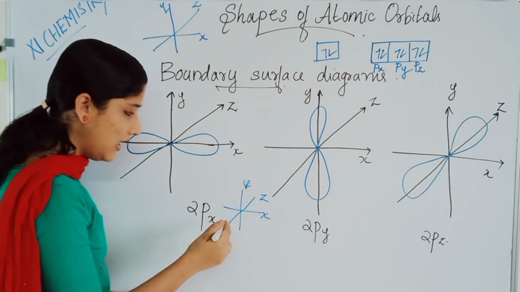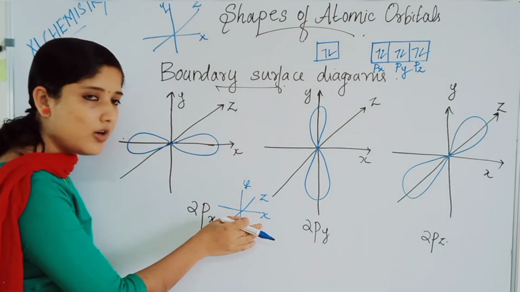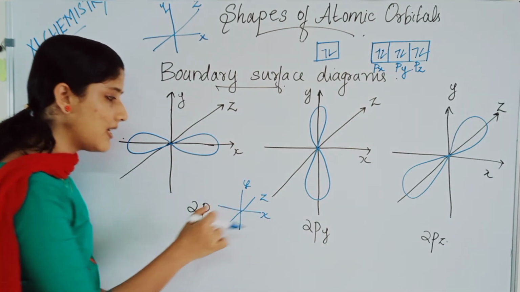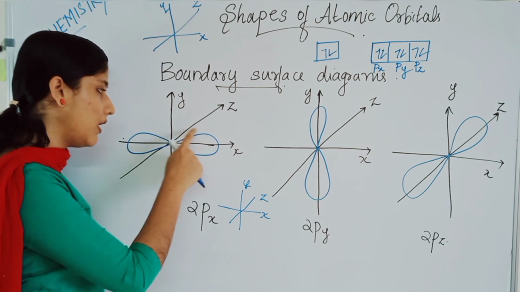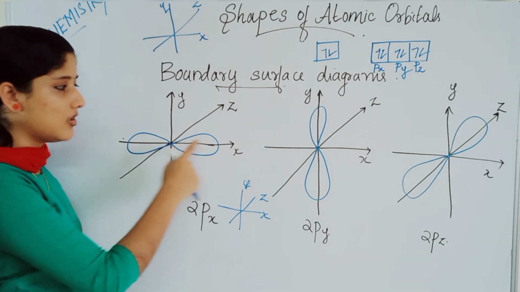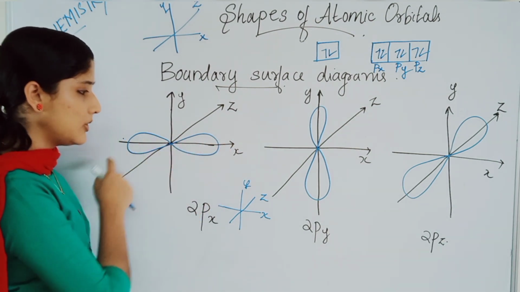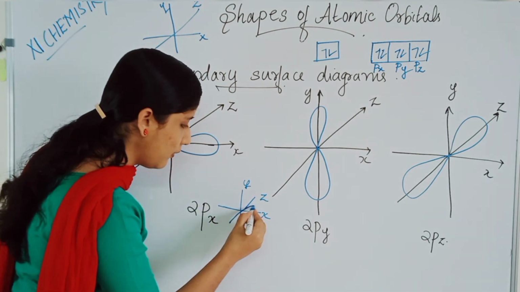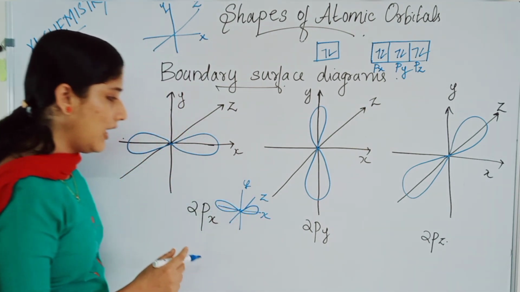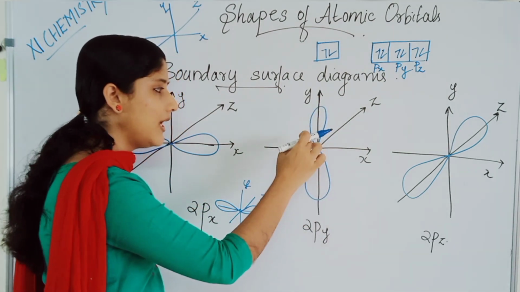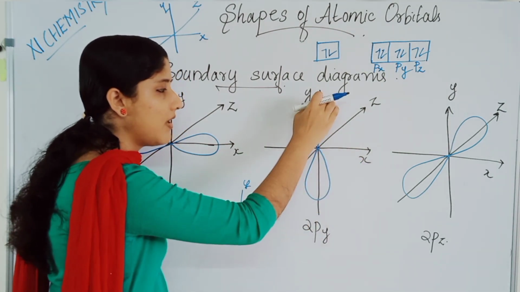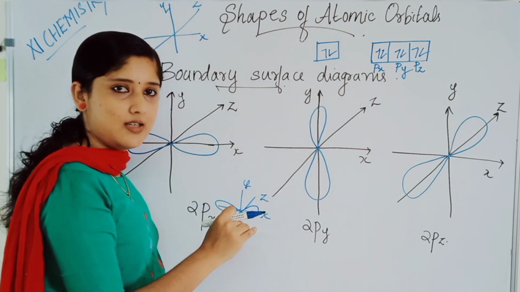Px means in the x-axis there will be electron density, so the lobes will be in the x direction. Similarly for Py, it will be in the y direction or y-axis. This is the x, this is y and this is the z axis.